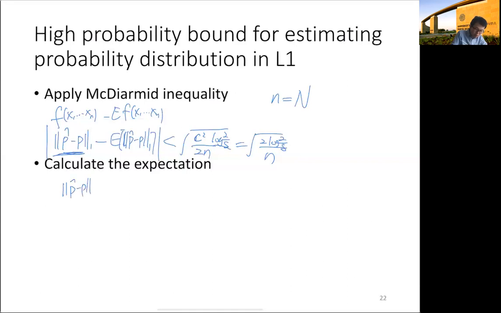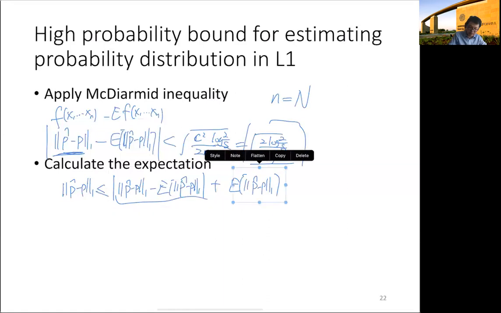So first of all, this is what we want, and now we have the McDiarmid inequality's result, which means that by triangular inequality, we can bound this by this plus the expected value of p hat minus p. So this part we already have this bound. So it remains to bound the expectation.